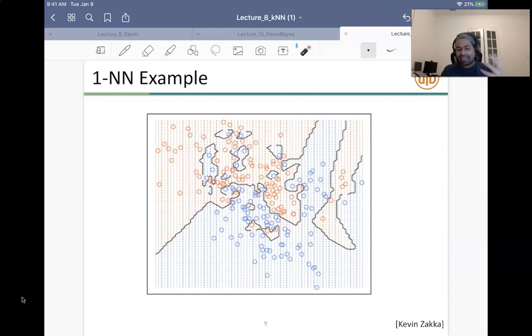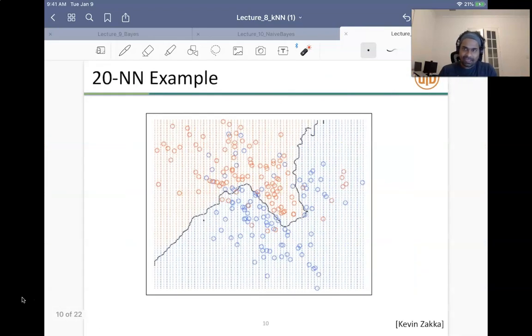We no longer have to have a linear decision boundary like the linear models. It can be fairly complicated. But the flip side is that with one nearest neighbor, I'm getting a very noisy decision boundary, with potentially outlier predictions, which in reality may be noise in some sense.